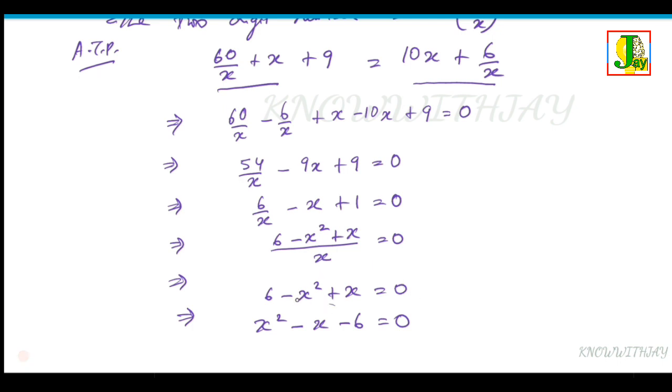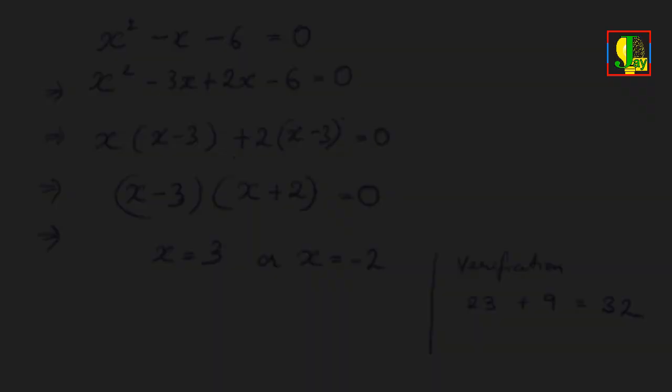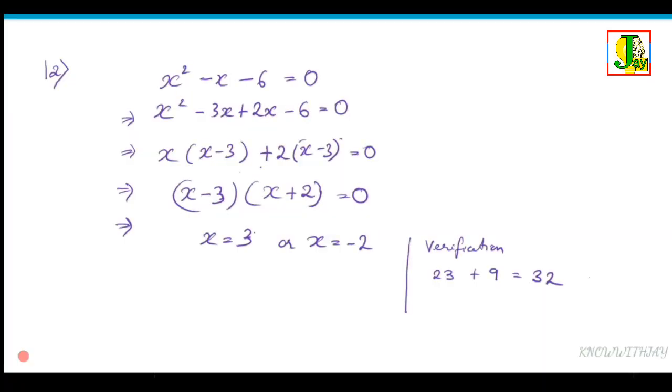Now we rearrange, taking everything to the right side so that x squared is positive, so all the signs change. x squared is positive now, minus x and minus 6 equals 0. Now you need to solve this equation. This is the solution part. You have x squared minus x minus 6 equals 0.